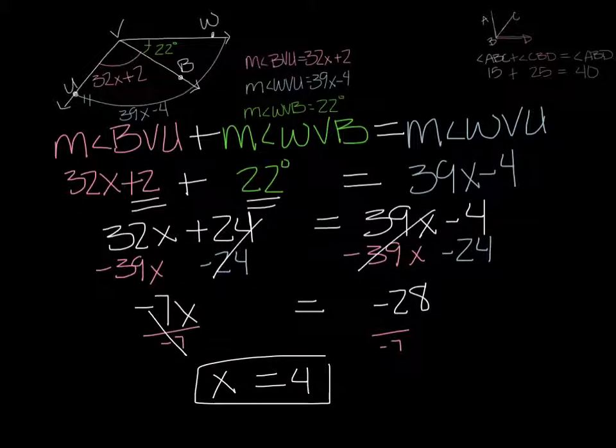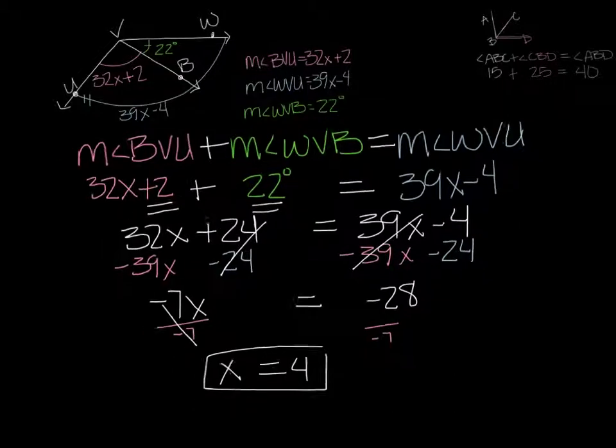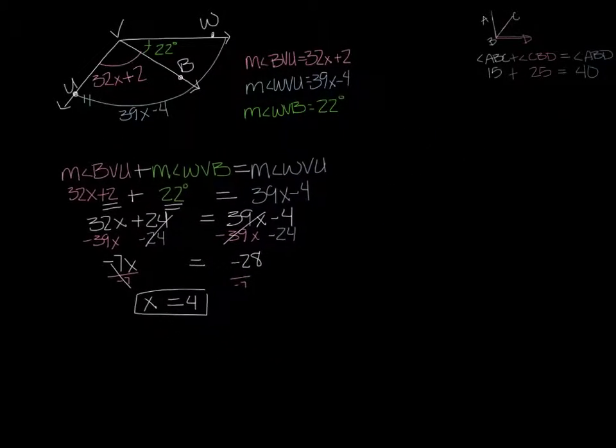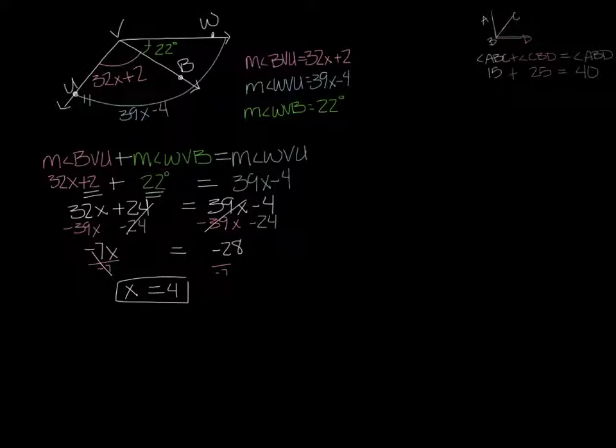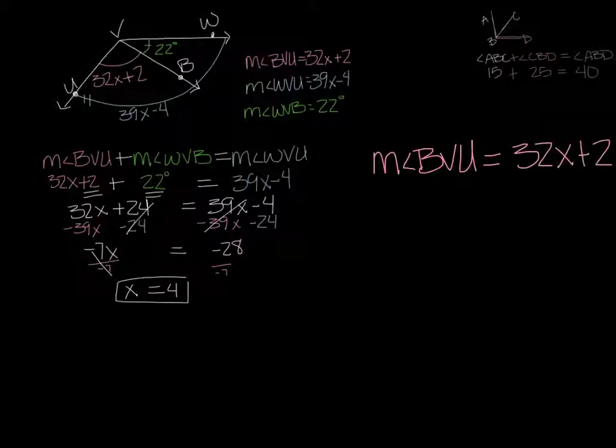So we can take this information and plug it back into the original information and find the measure of each of the angles. So let's start with finding the pink angle, or the measure of angle BVU, which is defined as 32x plus 2.